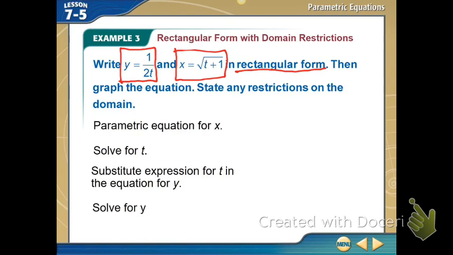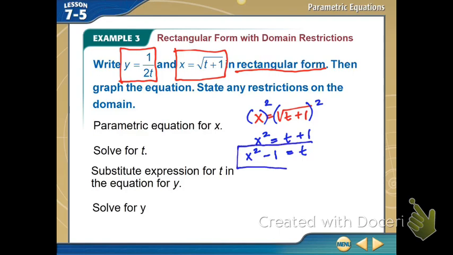So we're going to do the same kind of thing we did in example 2, where we're eliminating the parameter. So we'll start by writing down the parametric equation for x. And then we're going to solve this for t. So I get x squared equals t plus 1. And I get t equals x squared minus 1.